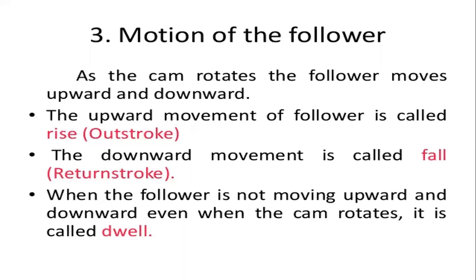And the last one is when the follower is not moving in the upward or downward direction even when the cam rotates. So even when the cam rotates on its axis, there is no movement in the follower.